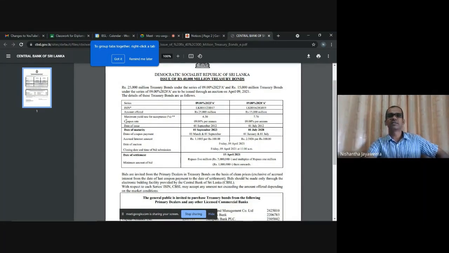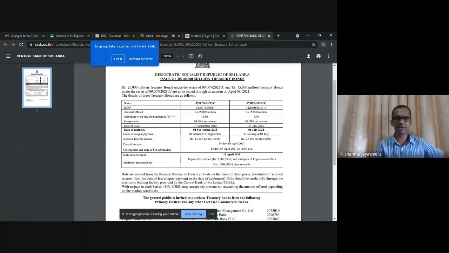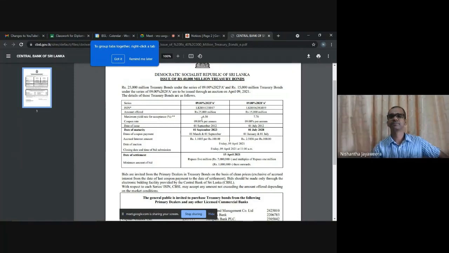Here you can see the maximum yield rate for acceptance, 6.3 and 7.7. So no one would bid above this. If they bid it, the bid will be rejected.